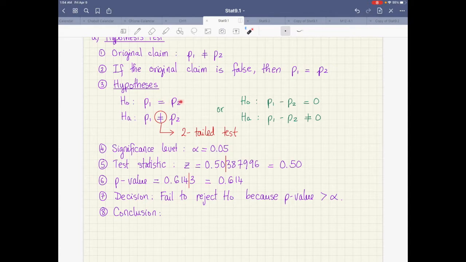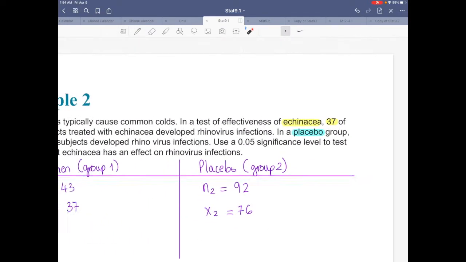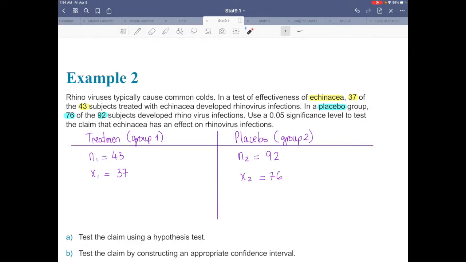That means I believe that this is correct, and that means I don't think this is correct. And this is my original claim. So I don't think the original claim is correct. That means I don't think that echinacea has an effect on rhinovirus infections.